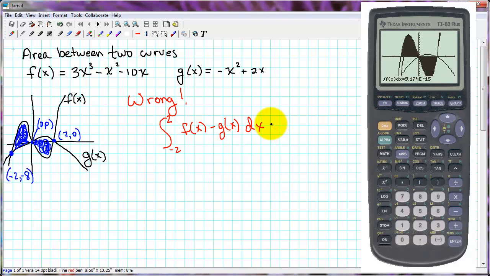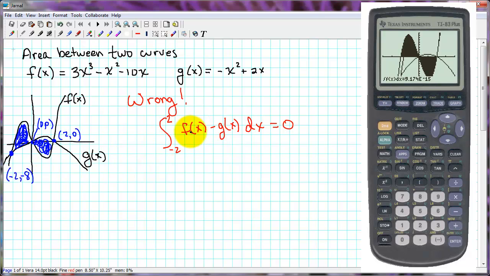Let's talk about why that happens. It's important that we understand what's going on here. On this part, our integral, the f of x is on top and g of x is on bottom. So when we do this definite integral for the interval between -2 and 0, we're going to get a positive number. In this interval, the functions flip order, so we have g of x on top and f of x on bottom.